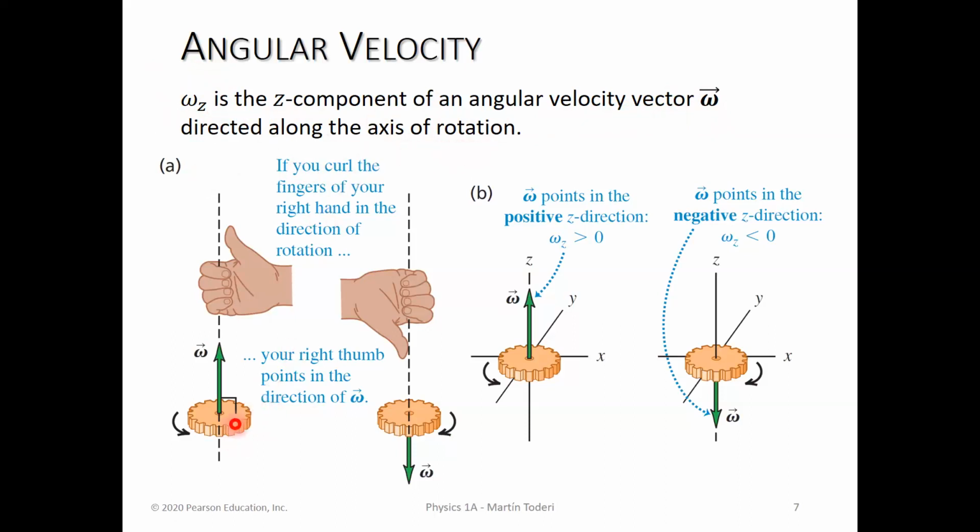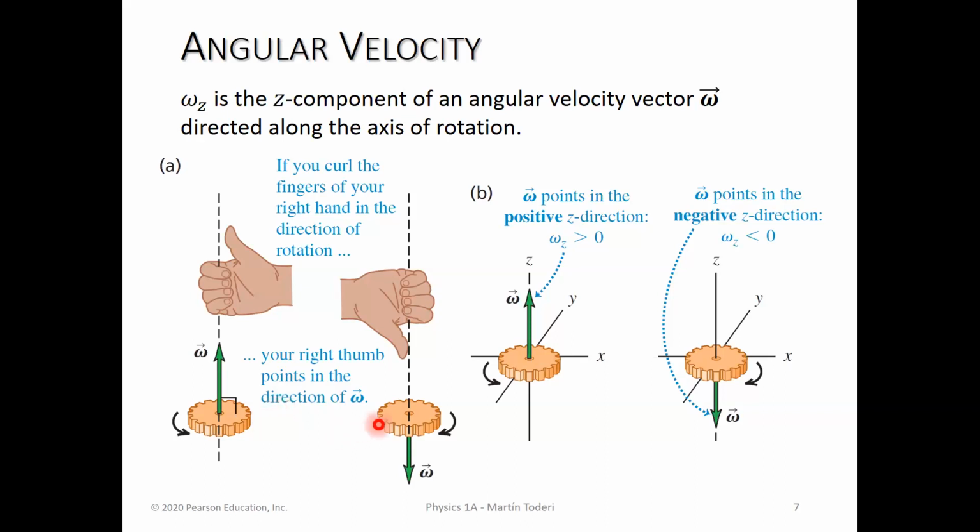So if the thing is rotating counterclockwise, let's say, we take our right hand and mimic that rotation with our palm, with our four fingers, the ones that are not the thumb, and we will get the direction of omega pointing in the same direction as our thumb, similar to what we do with the vector product, right?